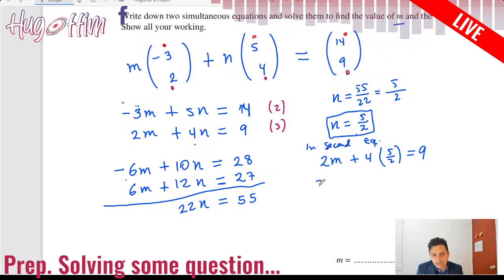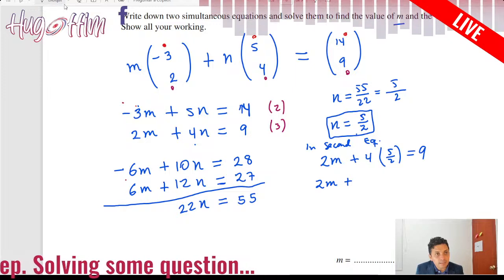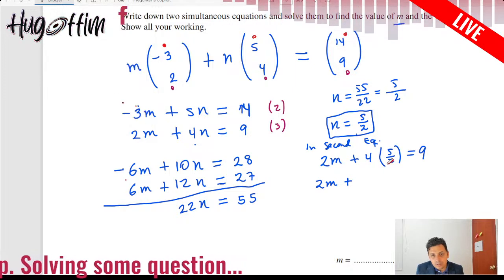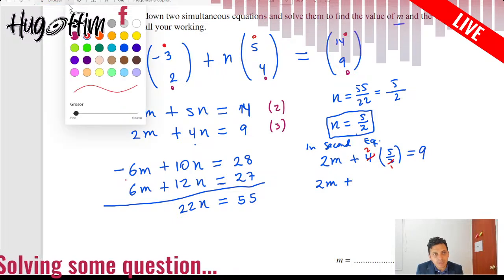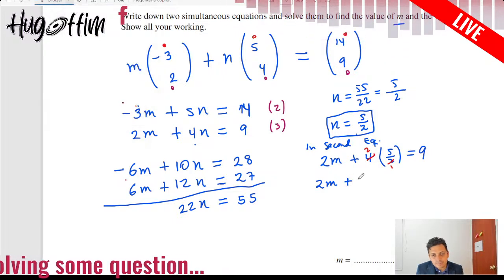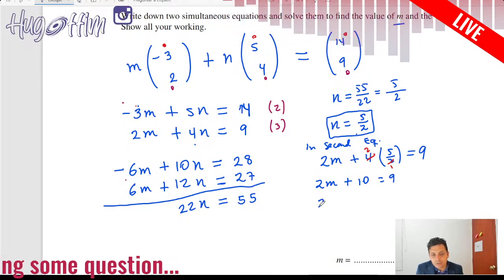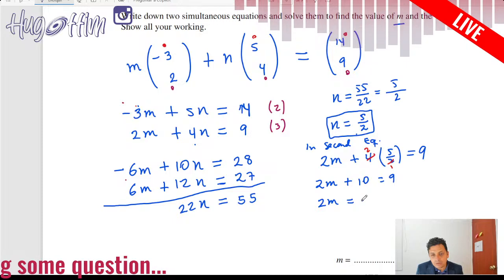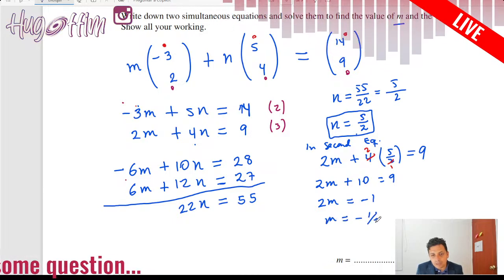So this means that I'm going to get 2m plus, and I can simplify here. This 2 becomes 1, this 4 becomes 2, 2 times 5 becomes 10, equals 9. Subtract 10 on both sides, so you're going to get 2m equals minus 1, and m gives you negative 1 half.